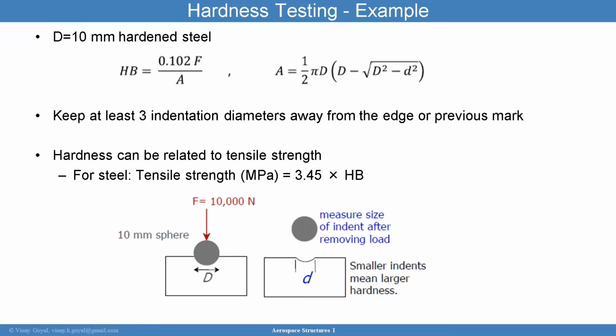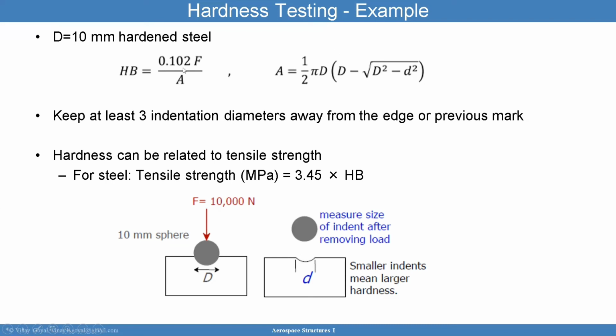Or if you want to find the in situ properties of a metal after being machined, this is not a bad way. For example, say I have a hardness test with a 10 millimeter hardened steel ball. I can use the HB equation here, 0.102 F divided by A. If it's been applied as 10,000 newtons, I calculate A based on this formula, where D is the diameter of this indenter, which is a sphere, and d is how much plastic deformation was left.